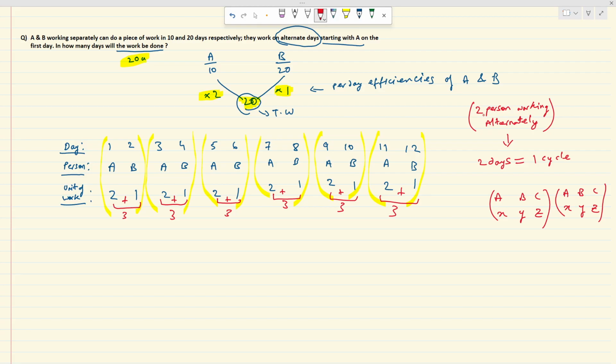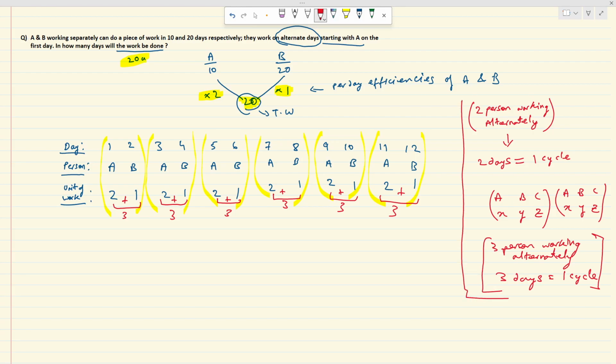So the number of persons we have, alternating among themselves, that many days make our one cycle. So two persons working alternately, 2 days make one cycle. Three persons working alternately, 3 days equal one cycle. That is how it goes. This is just a note.